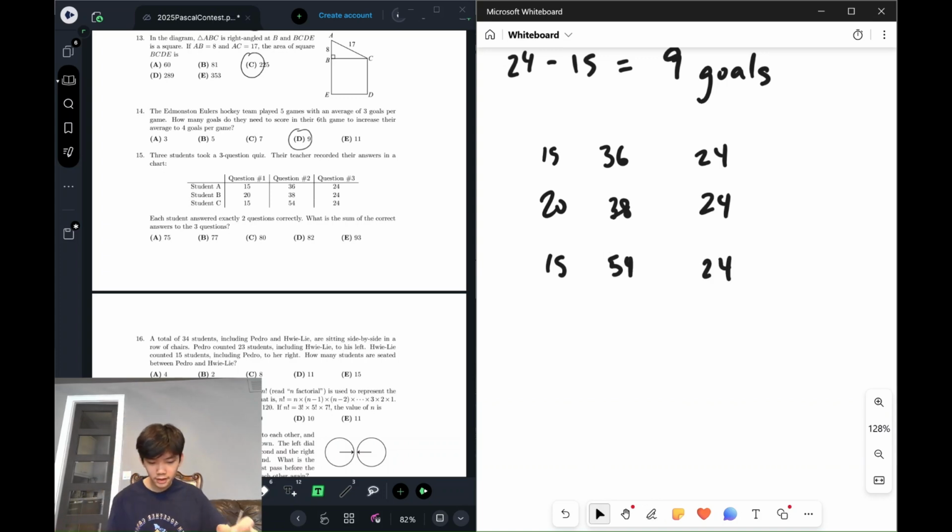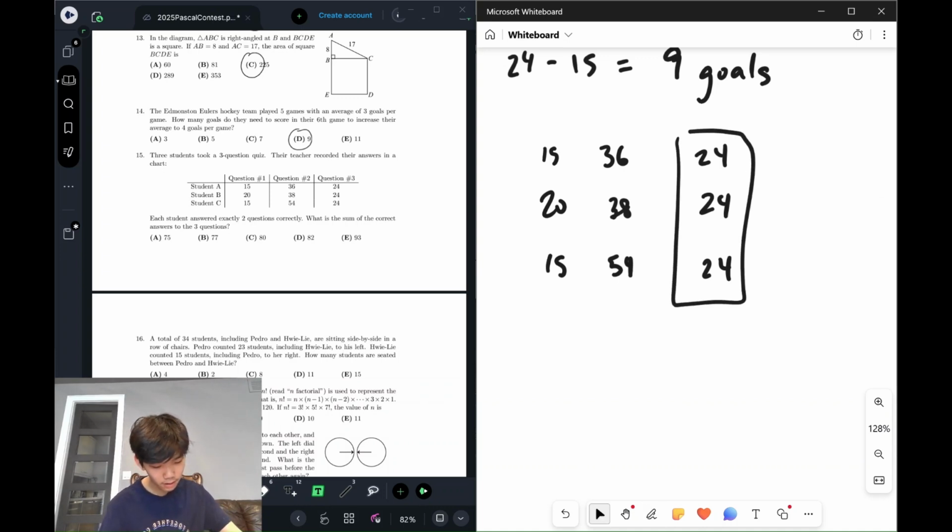We know that each of these students got exactly 2 questions correct. Okay, so let's look at question 3 first. If the answer is not 24, then they all get it wrong. Then they all have to get the first 2 questions right. But clearly all their responses are different for each of the first 2 questions, so this one must be correct. So here the answer is 24.